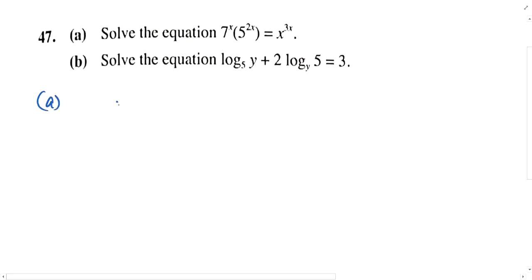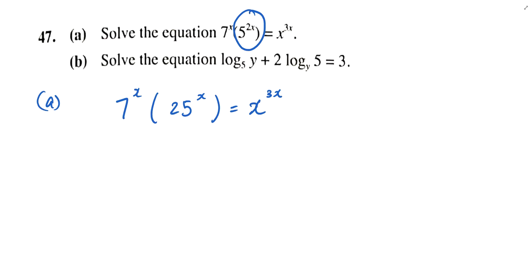7 power x times 25 power x equals? Why is it that our 5 power 2x becomes 25 power x? 5 power 2, okay, so this is 5 power 2, then power x. So that's 5 power 2, which is 25. Okay, then how do we continue?